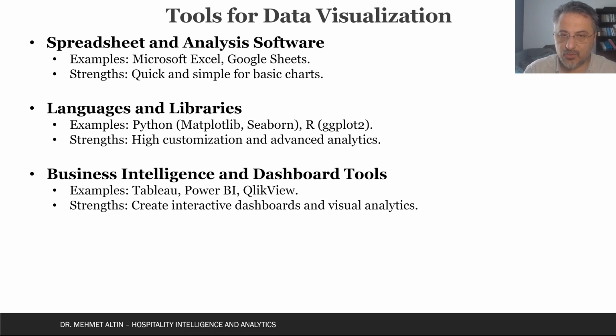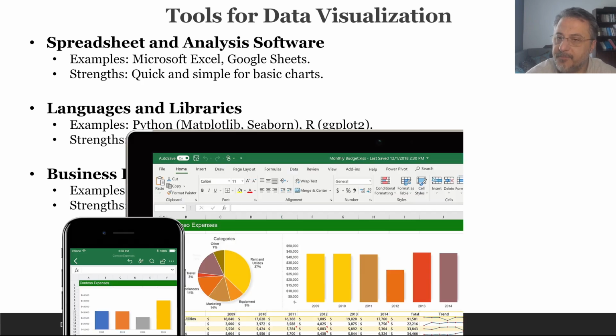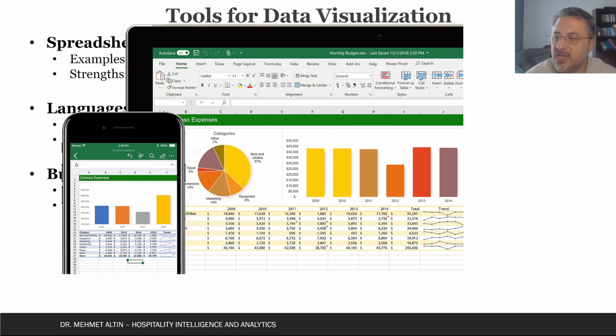Like I said, due to the structure of this course, we are not going to go into very detailed or very advanced tools, but overall, the most common ones are spreadsheets and analysis software, like Microsoft Excel and Google Sheets, which are perfect for simple charts and tables. These tools are widely accessible and ideal for quick insights, such as creating bar charts, which we gave some examples of earlier.